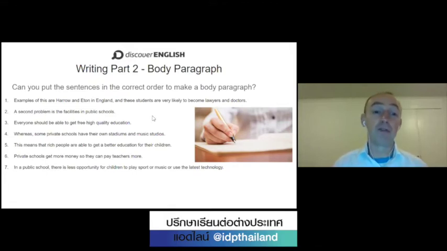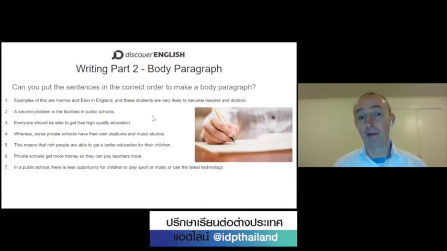In a public school, there is less opportunity for children to play sport or music or use the latest technology. Example of that, number 4. Whereas some private schools have their own stadiums and music studios. So there we've got an example of the advantage that the private schools have. They have their own stadiums and music studios. So that is one of our body paragraphs.